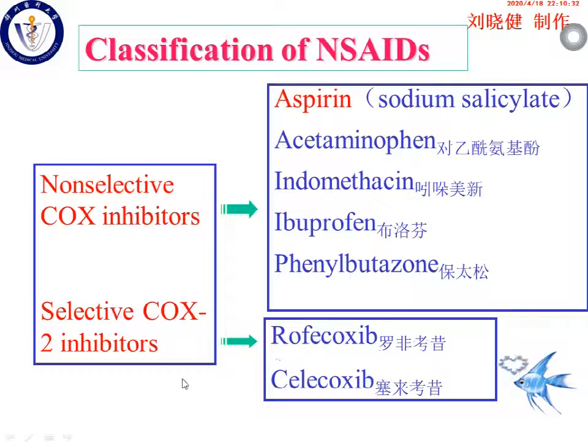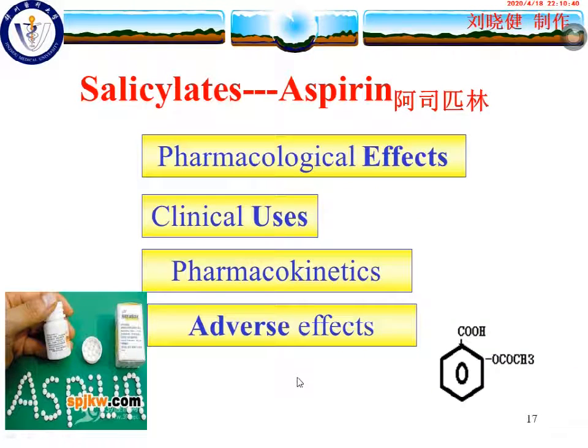This group includes rofecoxib and celecoxib. Now first study aspirin. The pharmacological effects, clinical uses, and adverse effects of aspirin are more important. You should know this content well.